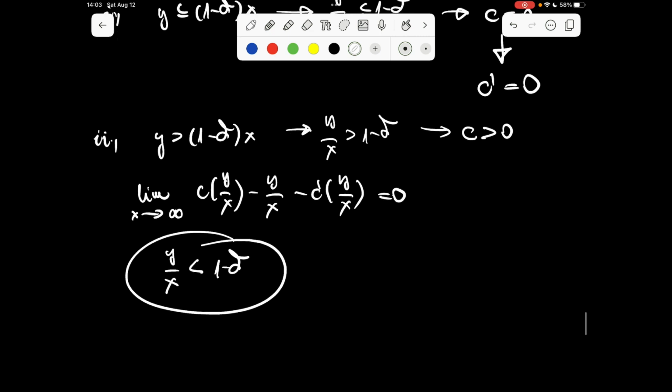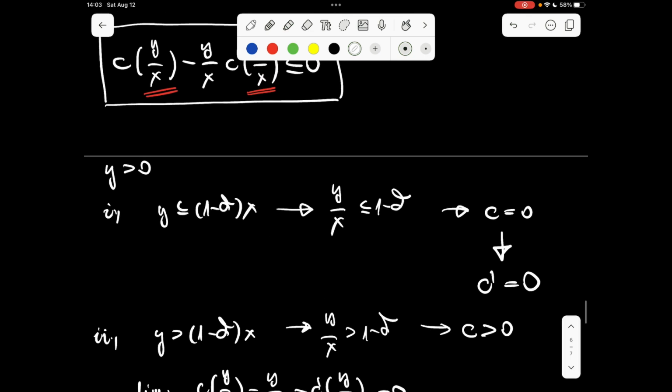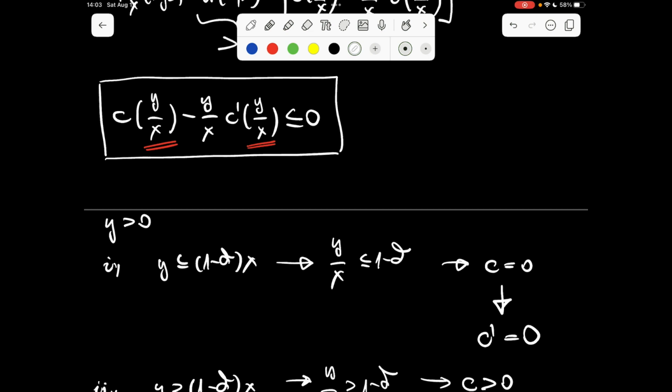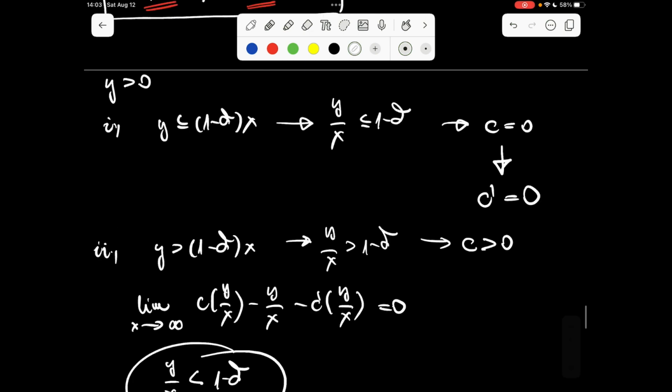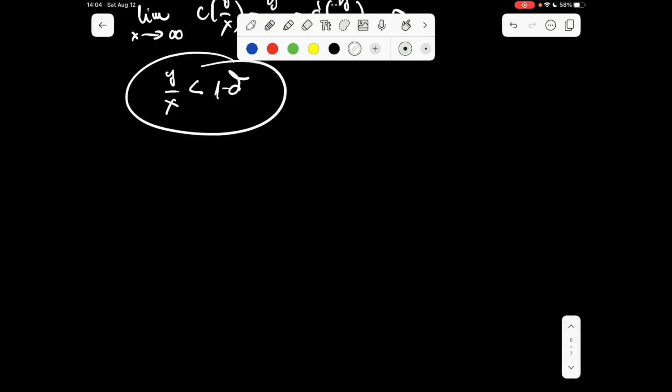So if x is large enough, then this part of the function is going to be zero in the end. The only question that remains is the behavior of the function as the function of x before it becomes zero.